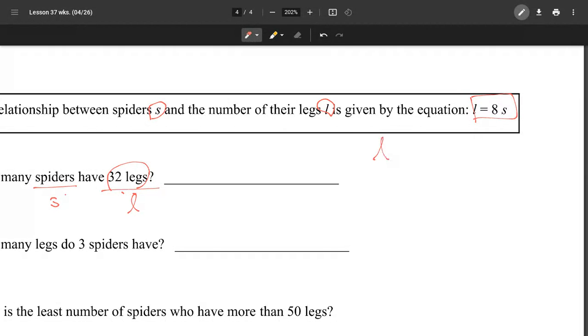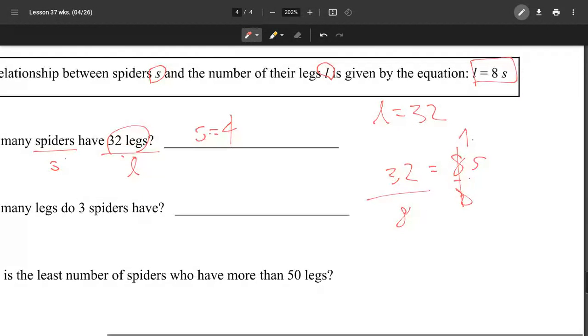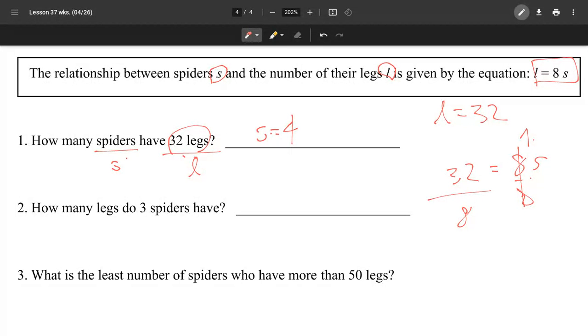We know that L equals 32. And so we plug 32 into the equation, and we get 32 equals 8S. And in order to solve for S, we're going to have to divide both sides by 8. And that cancels out. That's just 1, right? And 32 divided by 8 equals 4. And so there are 4 spiders. 4 spiders have 32 legs in total. Okay, so S equals 4.